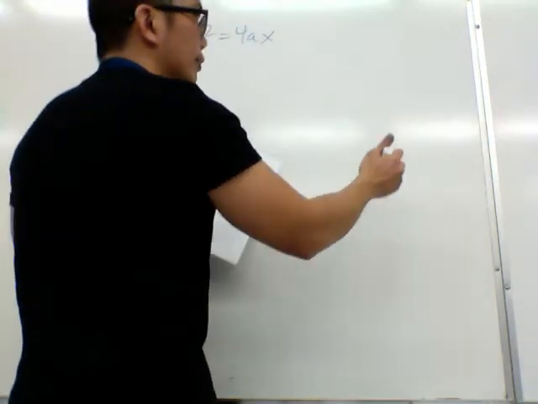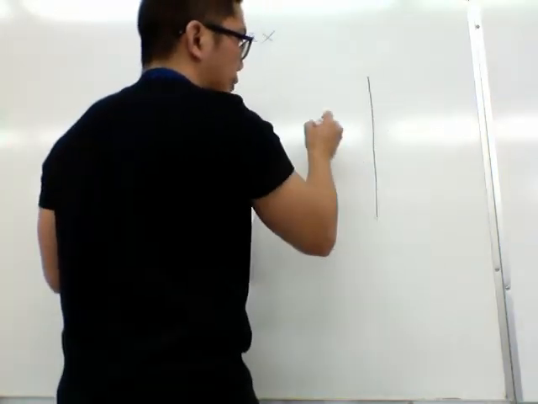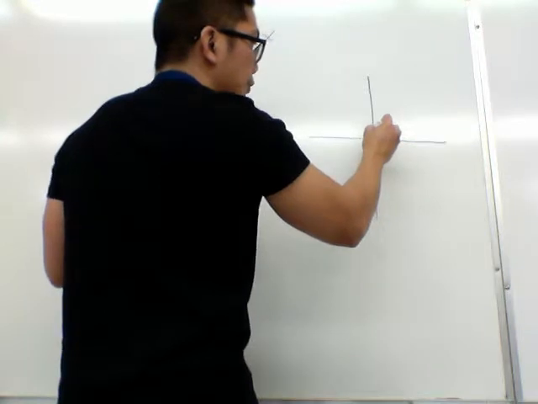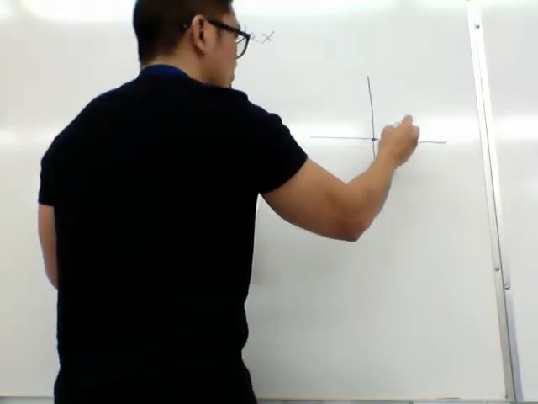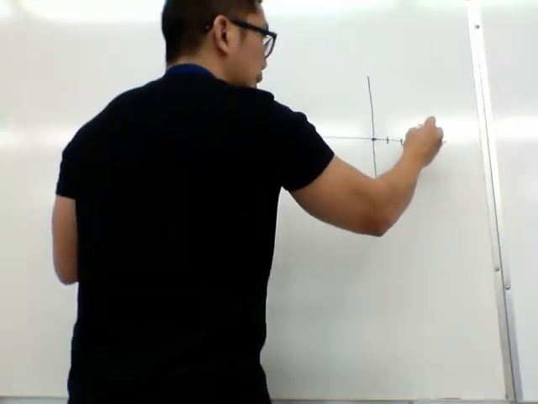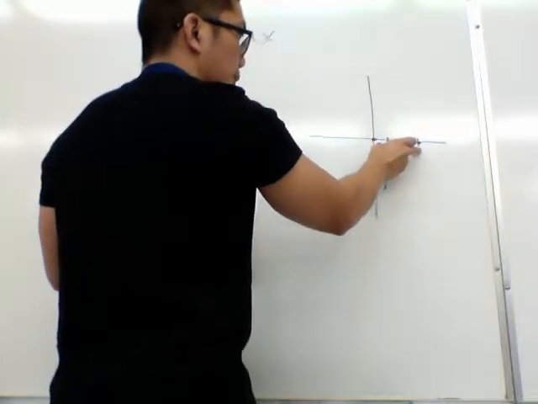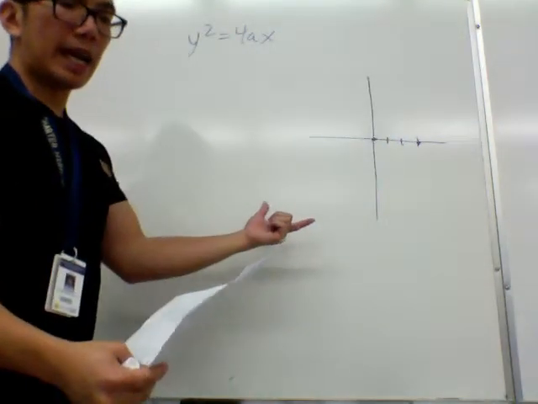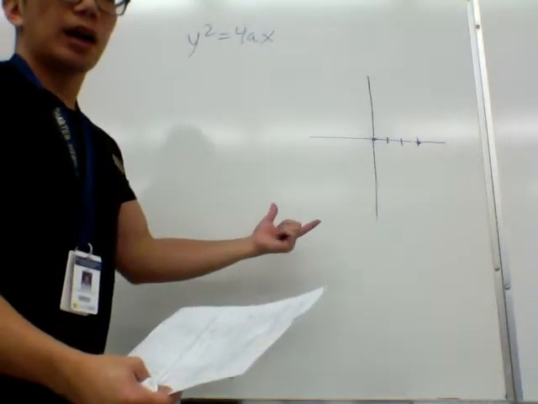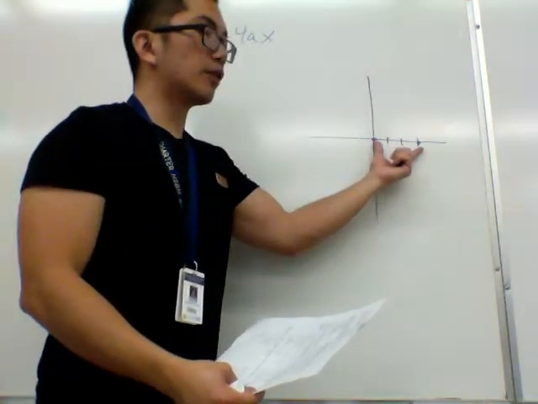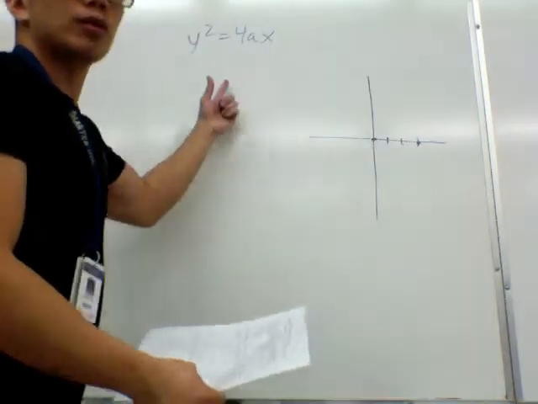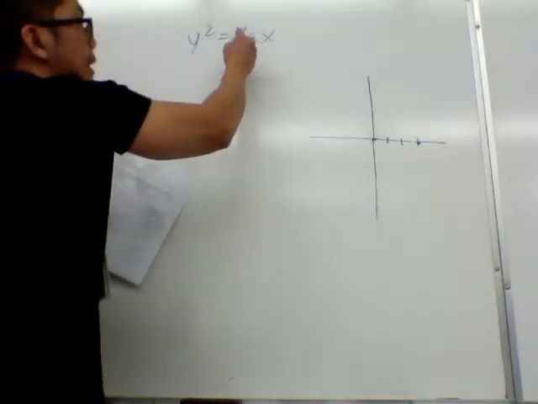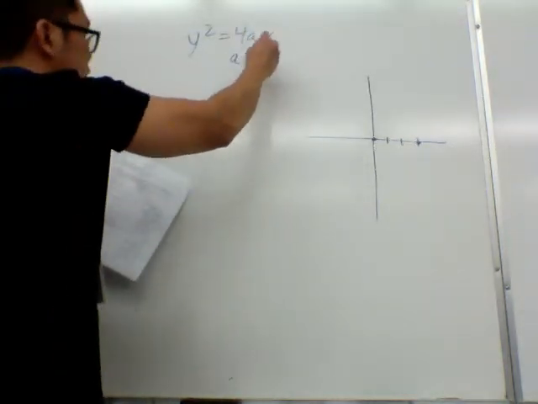So you have a graph here, so let's actually utilize it for a minute. If my vertex is at 0, 0 and my focus is at 3, 0, then what is my a here? My a is just the distance from the vertex to the focus. So in here, a is equal to 3.